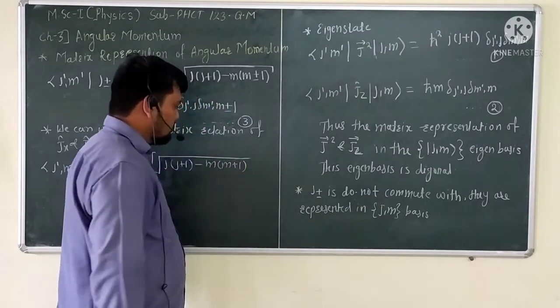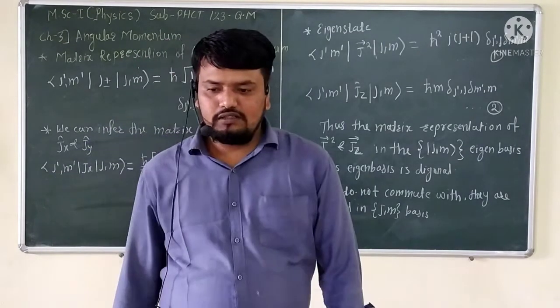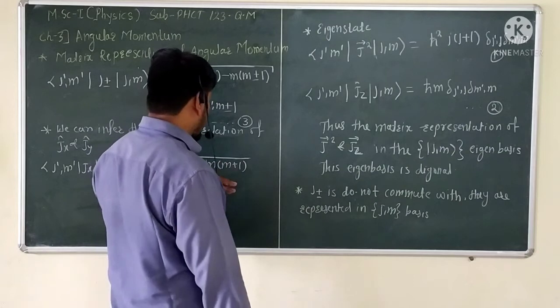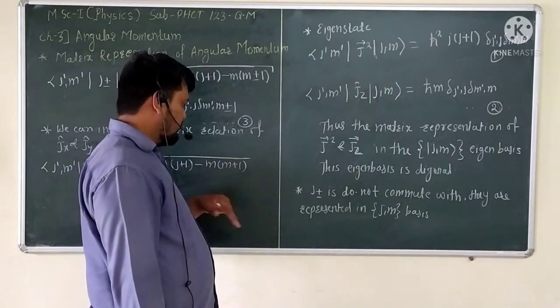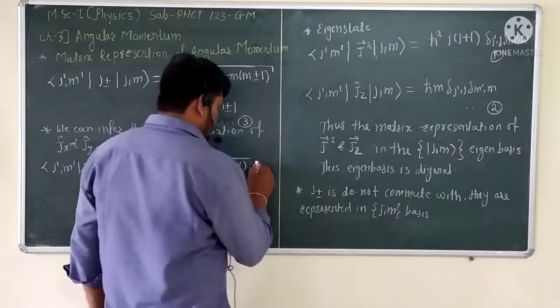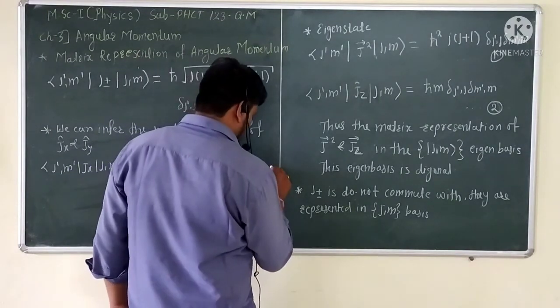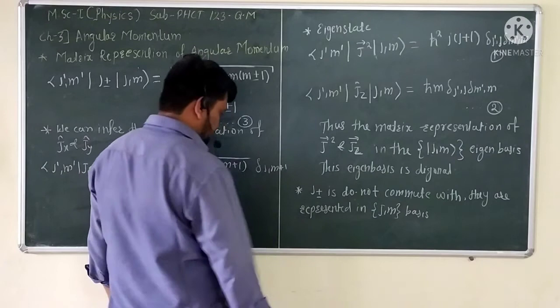This is for the j plus operator, which operates on the state so that your m value becomes m plus 1, so this is delta of j comma m plus 1.